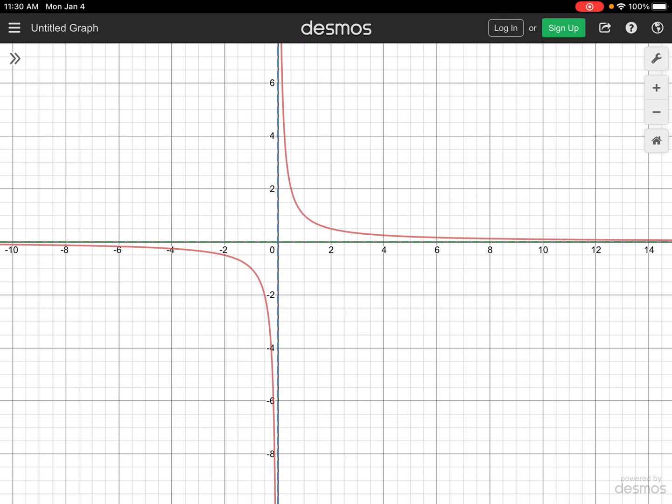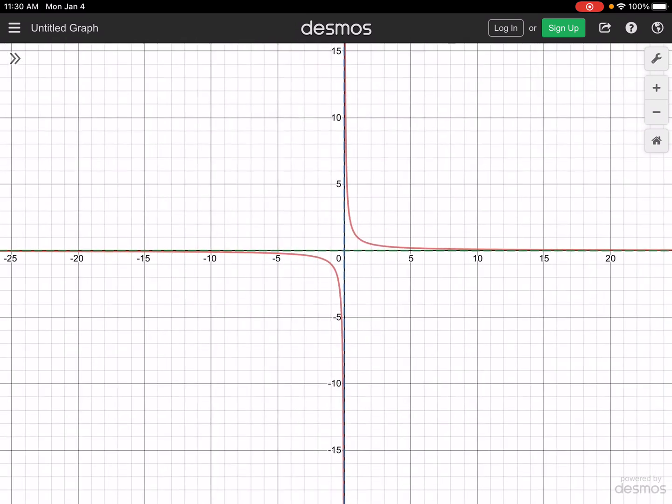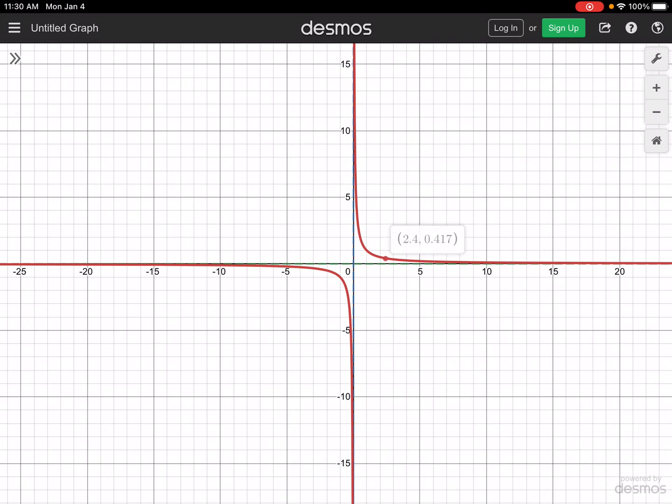As we get closer to 0, look what's happening to my y values. They're going up, up, up towards infinity. And from the left, as I get closer to 0, I'm going towards negative infinity. The interesting one is as you branch out: what if I take my x's and go towards infinity?